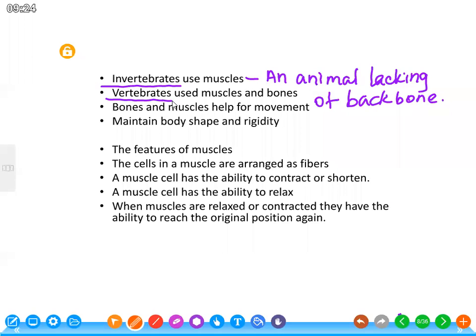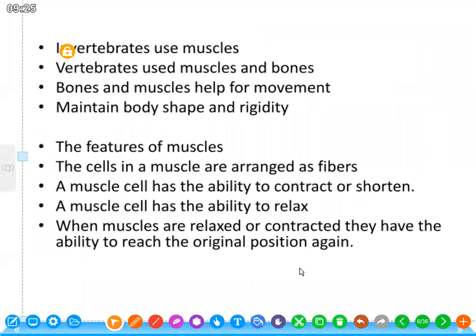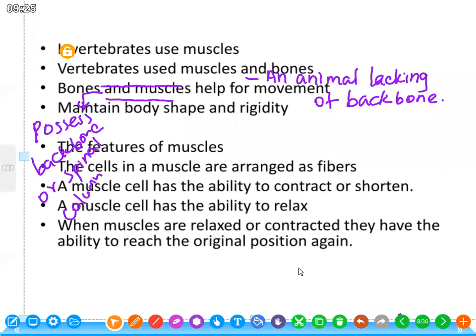Then vertebrates means an animal of a large group that possesses a backbone or spinal column. Vertebrates use muscles and bones for their locomotion.